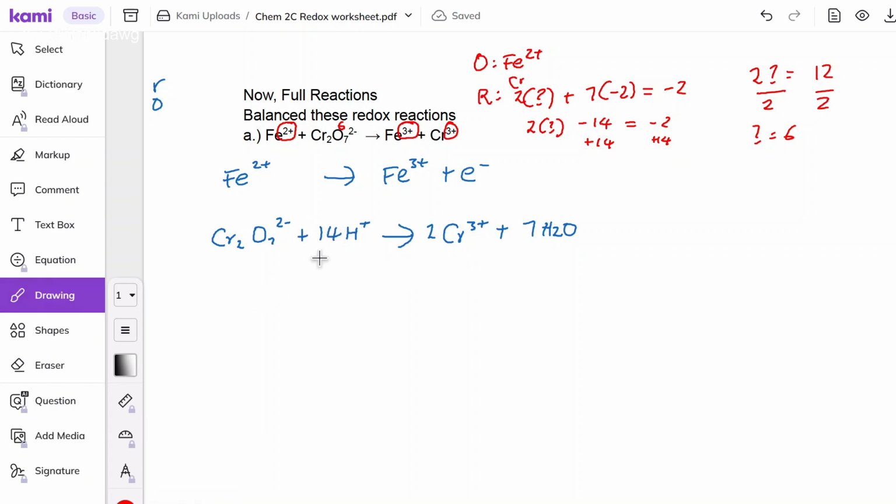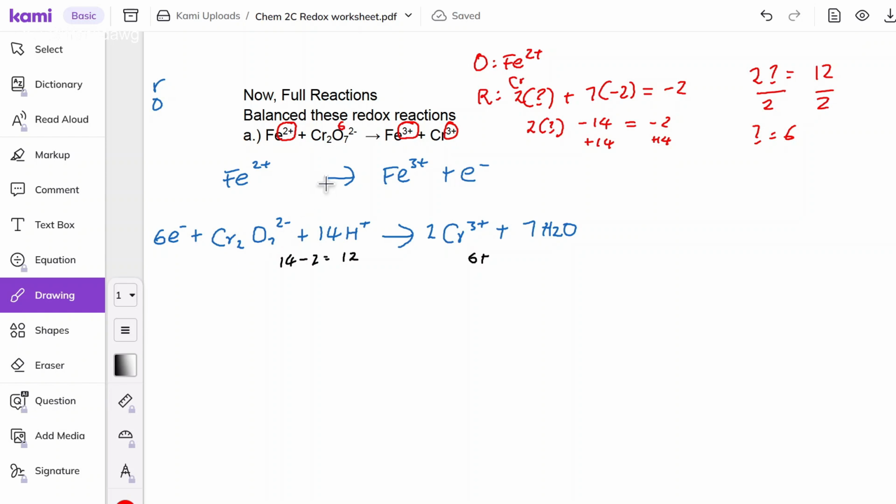So this side has a charge of 14 from the H pluses minus the 2. It's a charge of 12. And this side has a charge of 3 pluses, but since it's multiplied by 2, remember, it's 6 plus. So now we have to make 12 into 6 plus, we have to add 6 electrons to this side for it to be balanced.